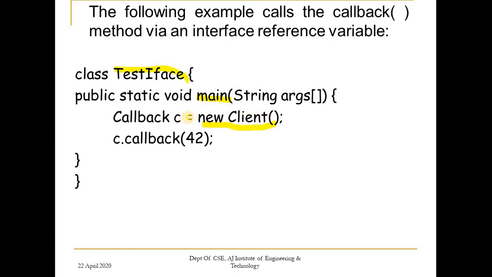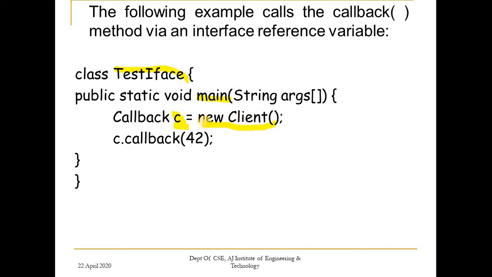Now that reference will be assigned to c, where c is a variable of type Callback interface. This is what they were trying to tell in the previous slide. Now the Client object can also be represented by an interface variable c over here. Again see here, again I will explain it. new Client.